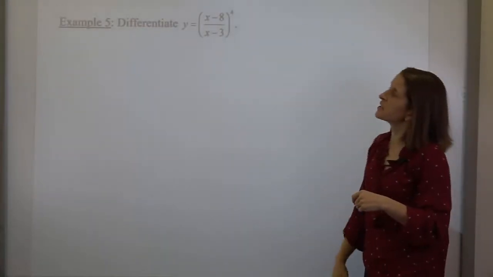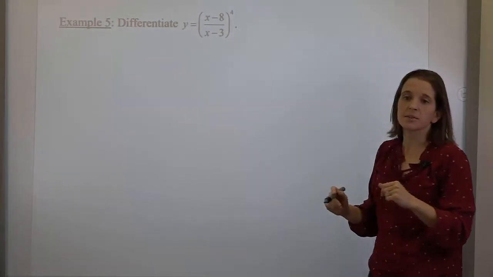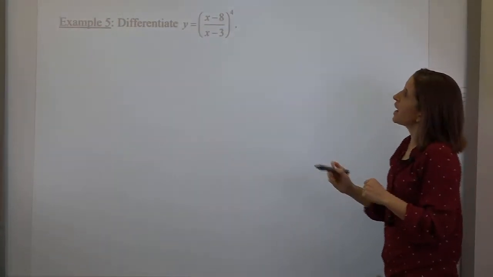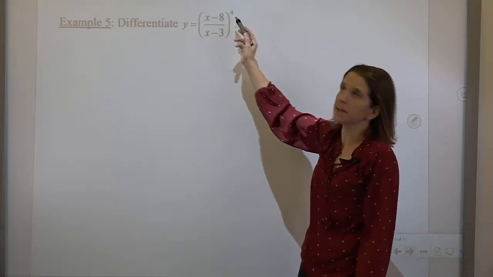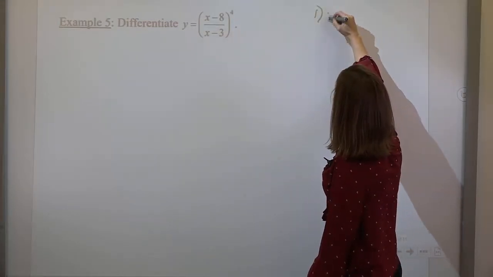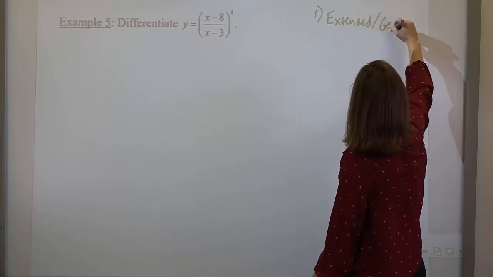And here you can see there's something having to do with quotient. But this time the order is a little bit different. So this time, the first thing that's happening is that there's an inside and an outside function. So this is first an extended or general power rule problem.